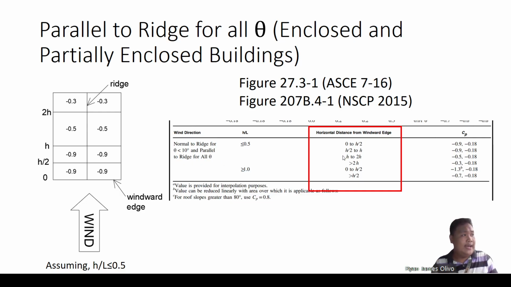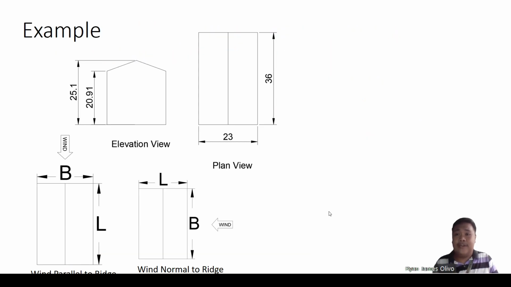And by the way, since we have an auto loading in ETABS for the wind load, it's just important to know the CP, because it's the coefficient of pressure that we are just gonna input along with the load patterns of wind loading, the different factors like gust effect factor, directional factor, etc. But it's not the topic we are going to discuss today. So we are discussing CP, the pressure coefficient or the external pressure coefficient in the case of enclosed and partially enclosed building. So let's go to an example.